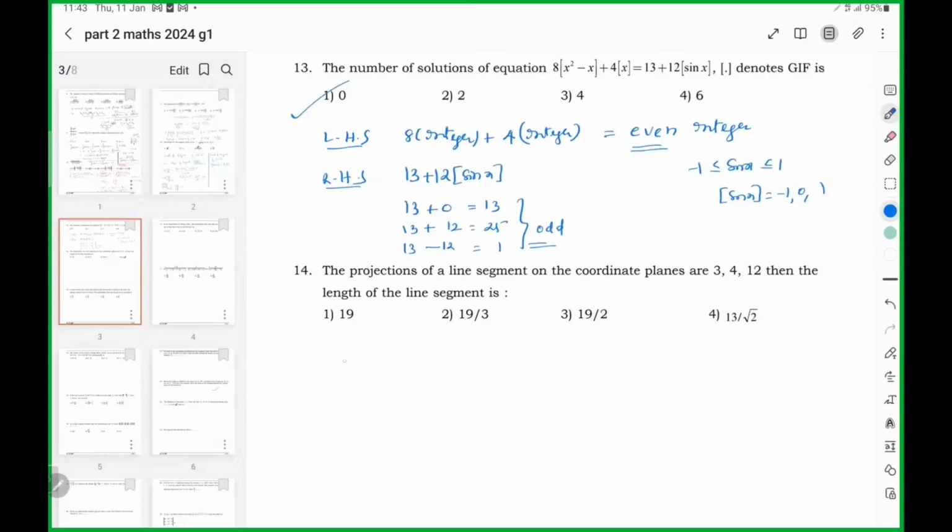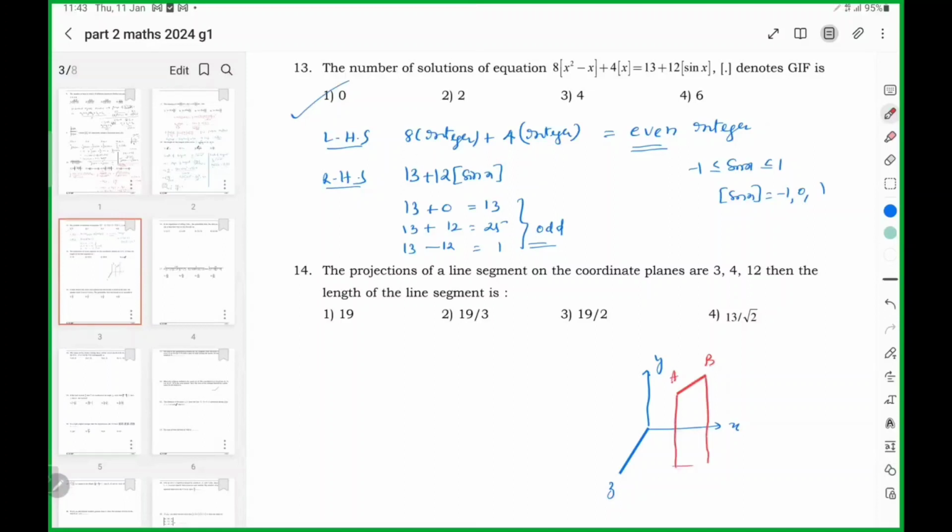Here, so this is the coordinate axis, x-axis, y-axis, and then z-axis. If you draw a line whose length you have to find out, projection you have to find.